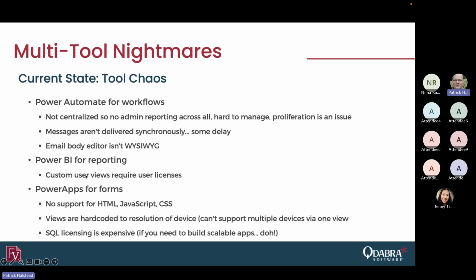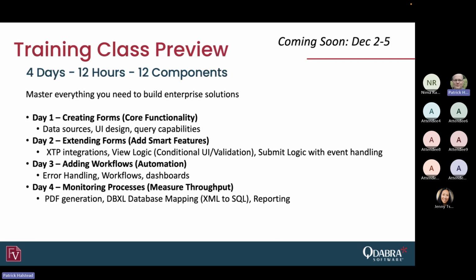The same is true for Power Apps. For Power BI, you've got to have customer user licenses. So these are the issues we have with Microsoft's solution today for the Power Platform. We're trying to resolve this and give you one solution that does everything and more.